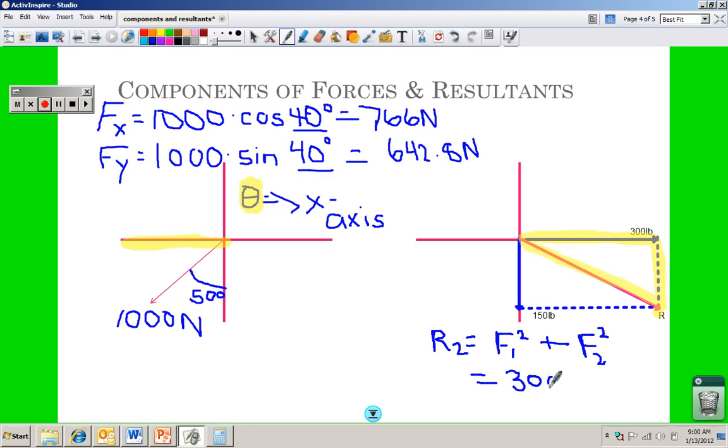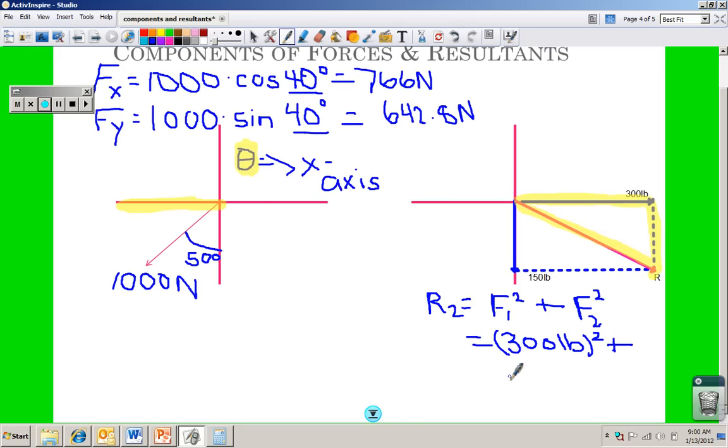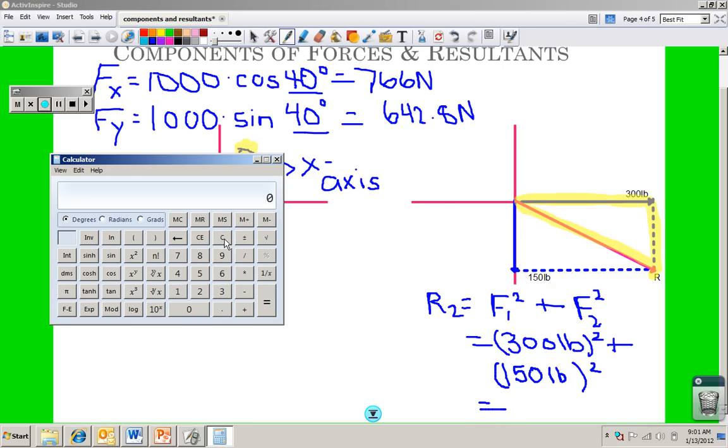Alright, so it's going to be equal to 300 pounds squared plus 150 pounds squared. So let's go to our calculator now, and we're going to do 300 squared plus 150 squared equals.